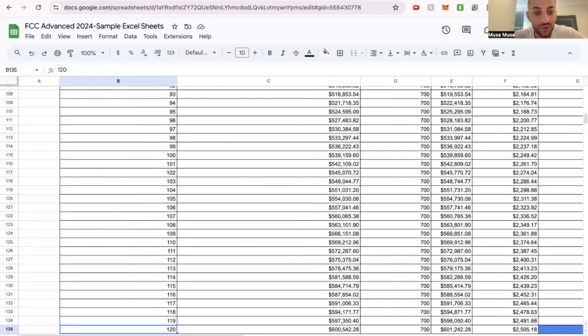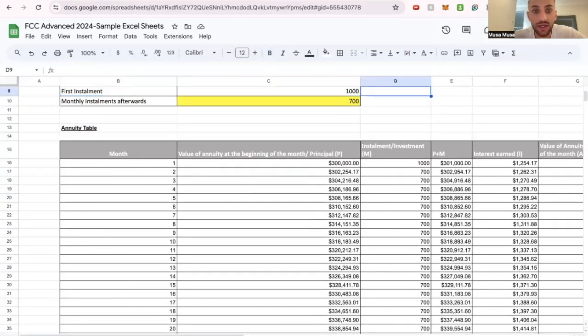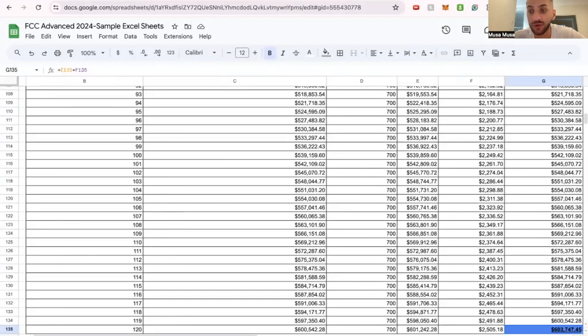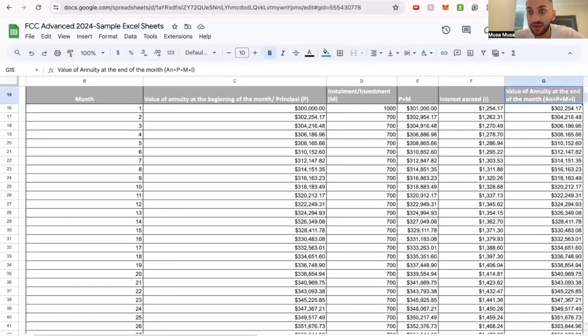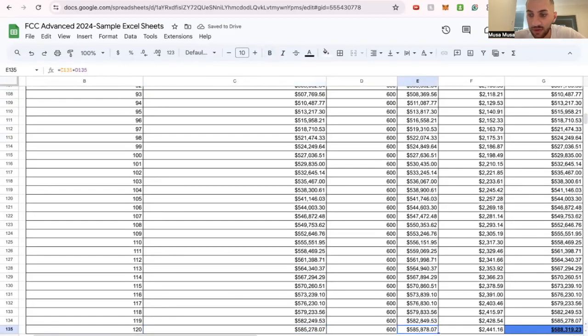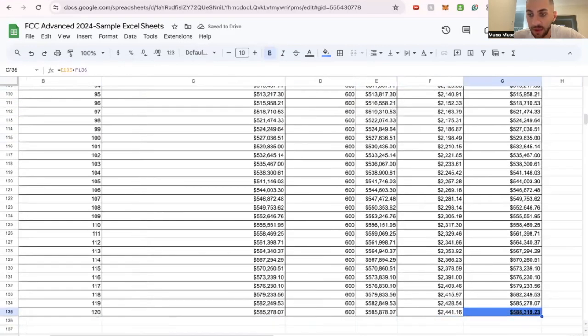So you would just say, clearly changing the monthly installment affects the future value of my investment. Had I made my investment 700, I would have gotten a future value of this. Whereas if I made my investment 600, how much was my future value? 558,319.23.